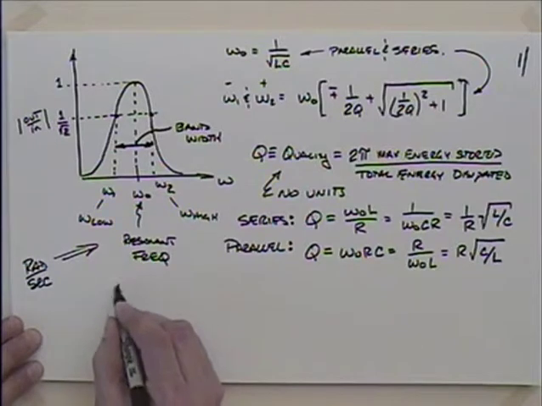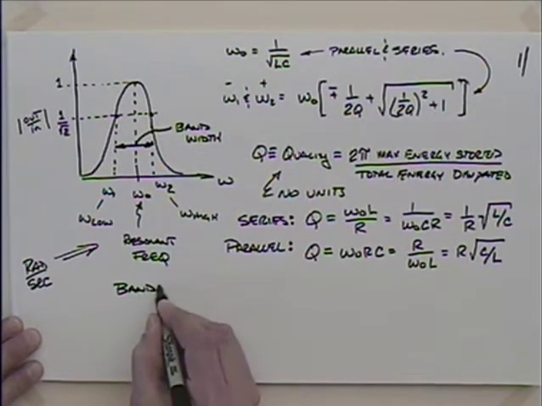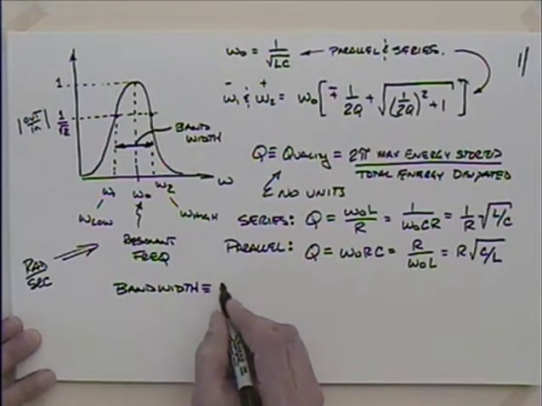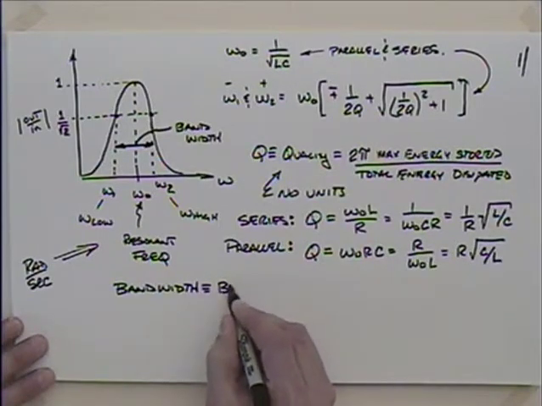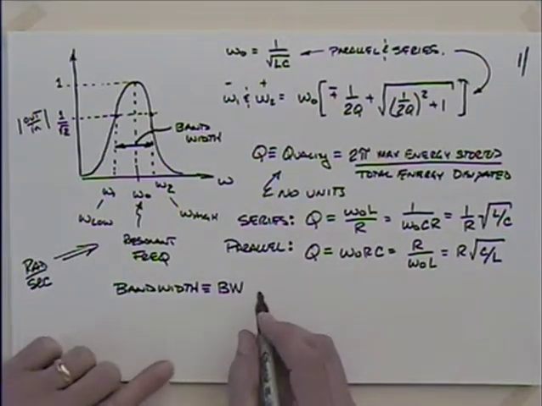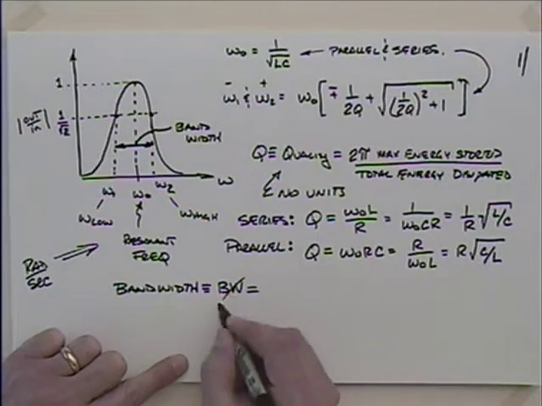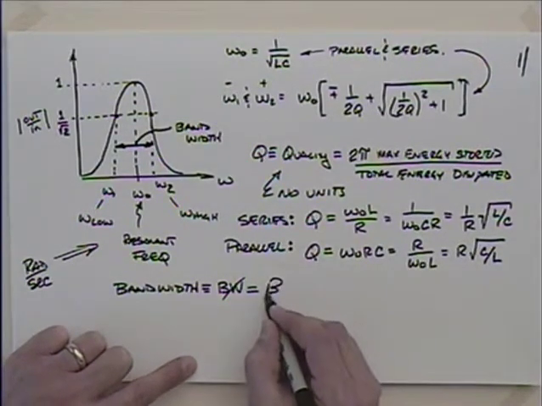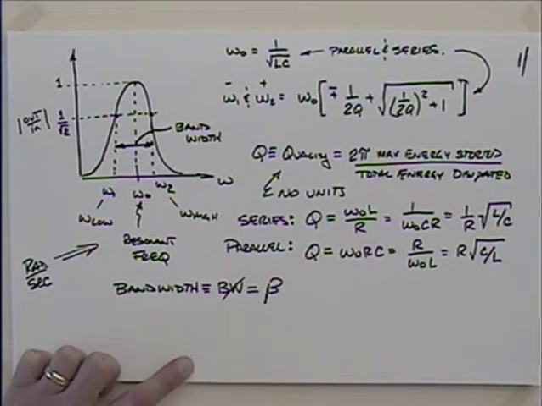So bandwidth, sometimes we'll give it the symbol BW. That's probably not a very good one because I don't like W's floating around because then they start to look like omegas and whatnot. So I think probably a better one is beta. Okay, so I'll draw a beta, B with a tail on it there.